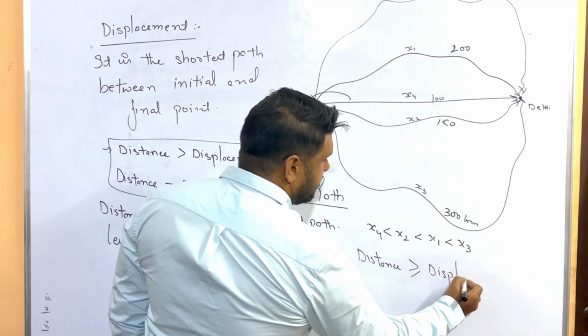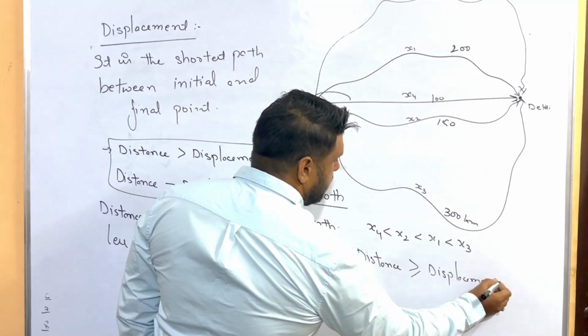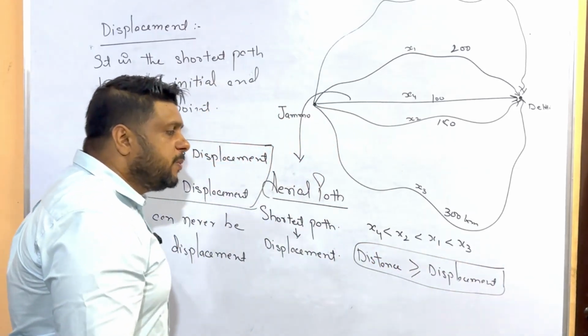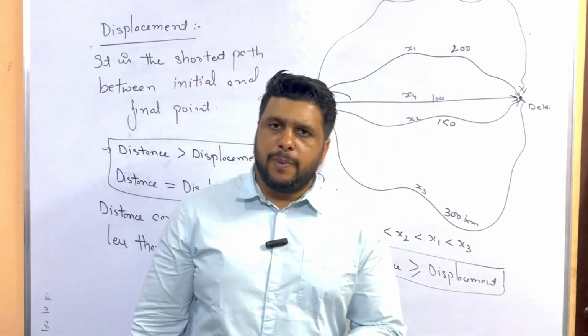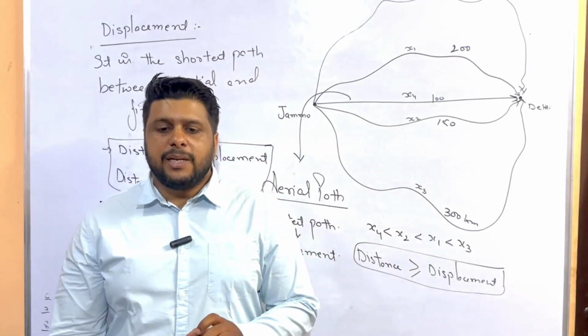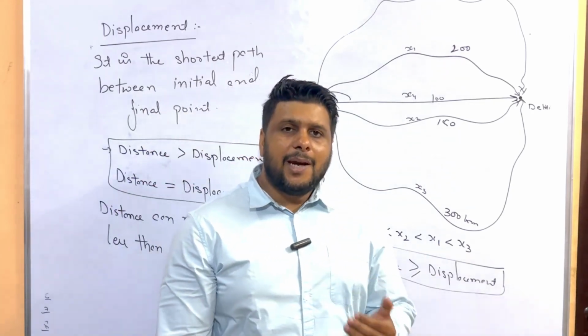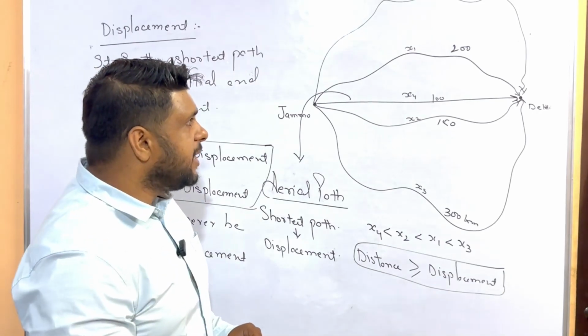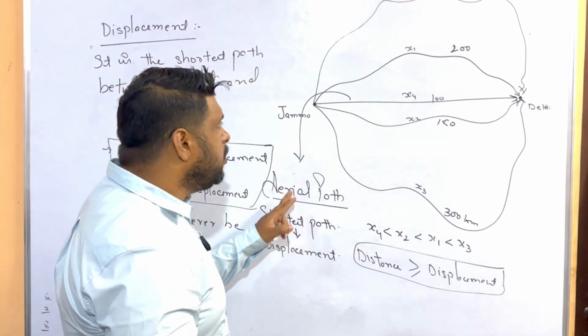This means the same thing, combining both. The distance is always going to be greater than or equal to displacement. In some cases it is going to be equal to displacement, and in some cases it is going to be greater than the displacement.